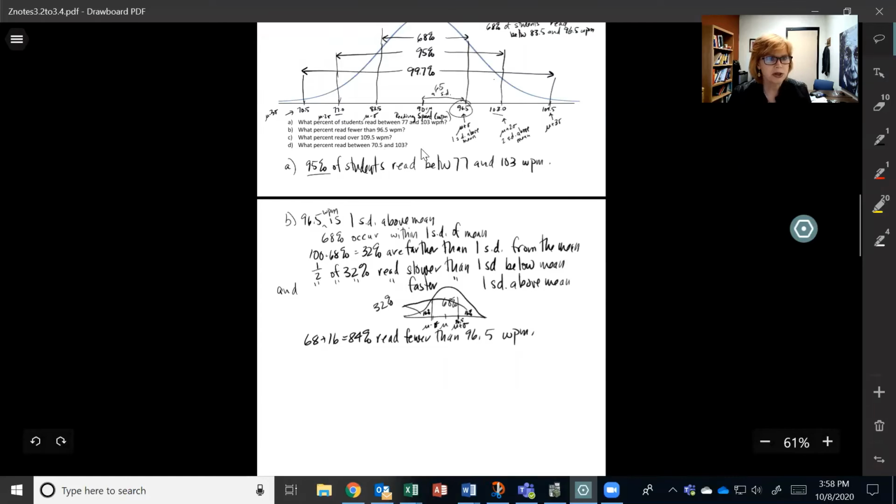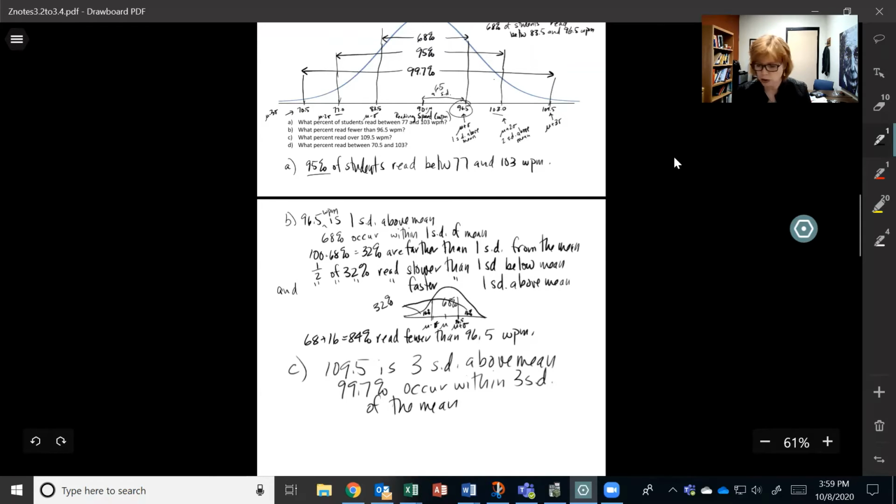Okay, part C, what percent read over 109.5 words per minute? So what do we know about 109.5? 109.5, this is 1, 2, 3. This is 3 standard deviations above the mean. And so we know from our rule that 99.7% occur within 3 standard deviations of the mean.